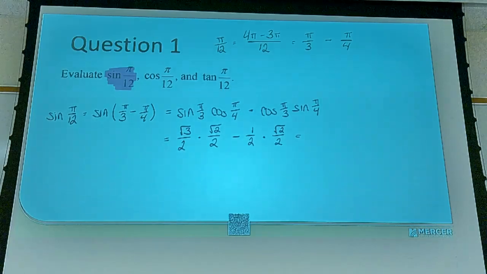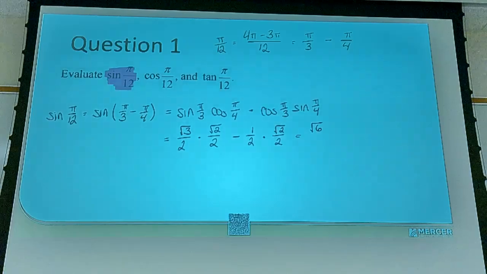What's root 3 times root 2? Just root 6.